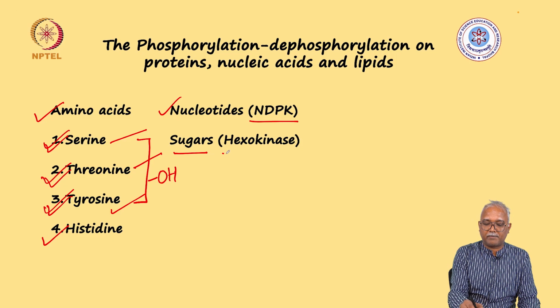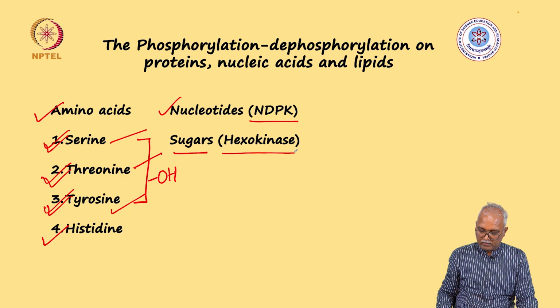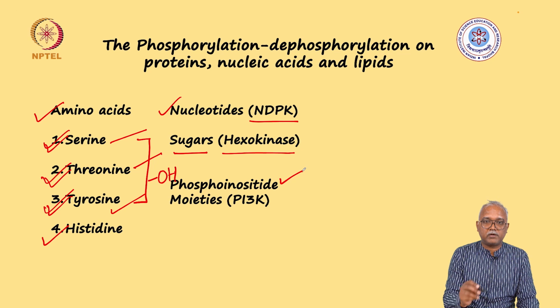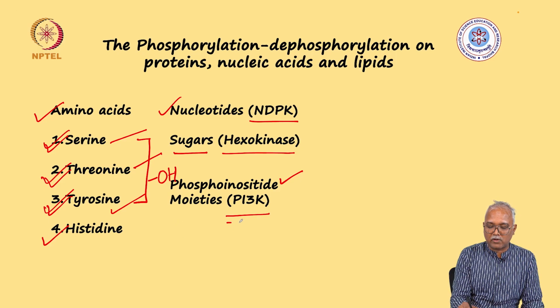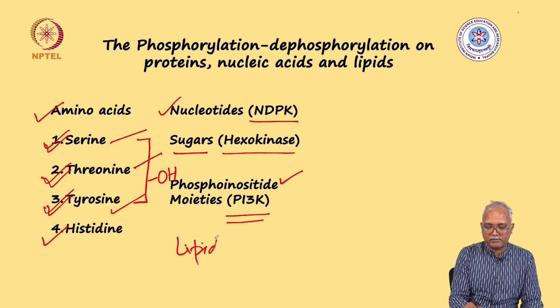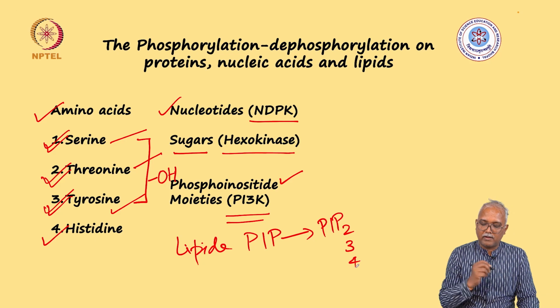We know the typical enzyme hexokinase which we have seen in glycolysis. Also the phosphoinositide moieties are phosphorylated, particularly by phosphatidylinositol 3 kinase. They will take lipid moieties like PIP and make it PIP2, PIP3 and so on.